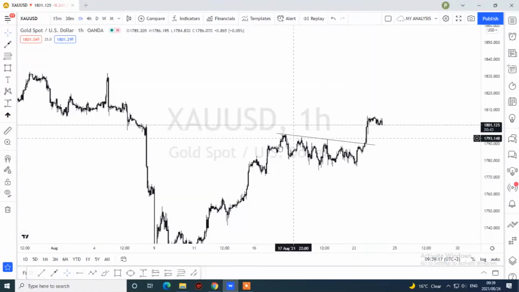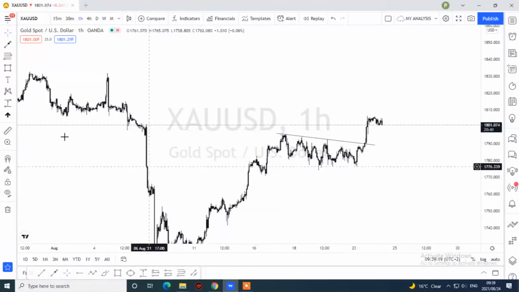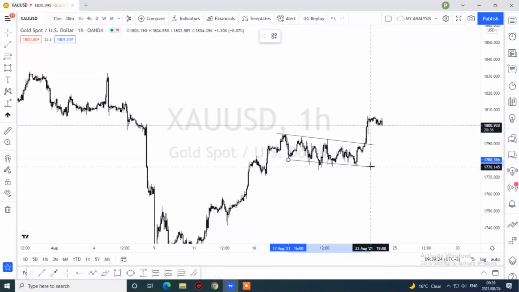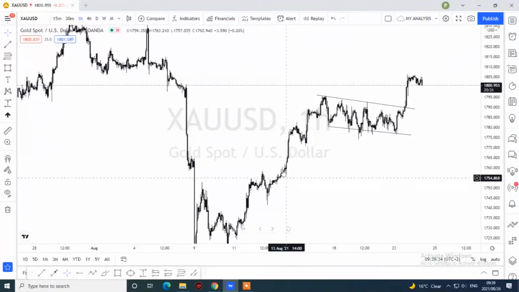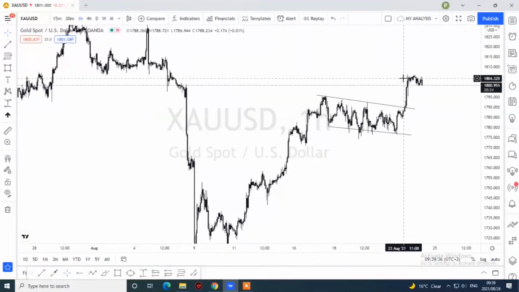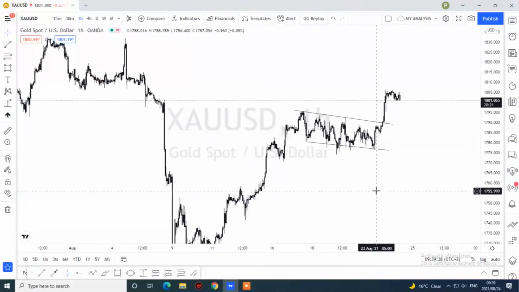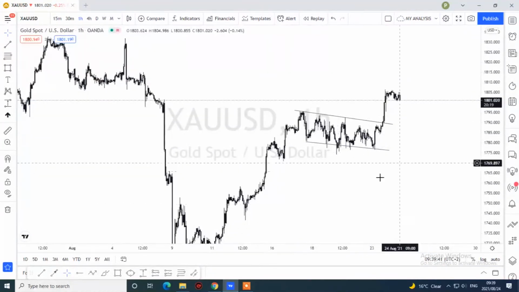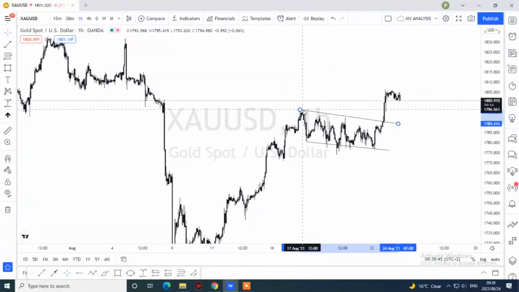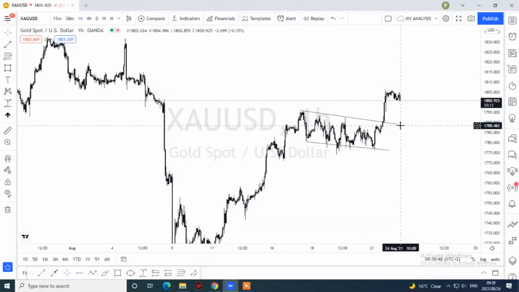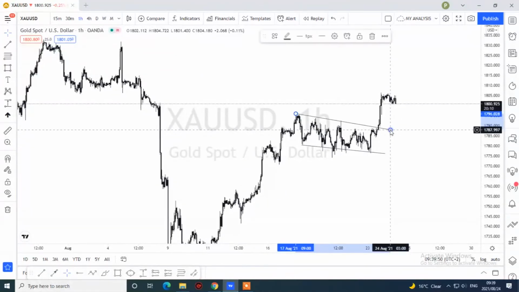So I actually missed this correction here, because if you guys can check, this was like a beautiful squeeze after a good uptrend. These are the life-changing trades, guys. If you wait patiently for this type of structure, you can actually change your life.